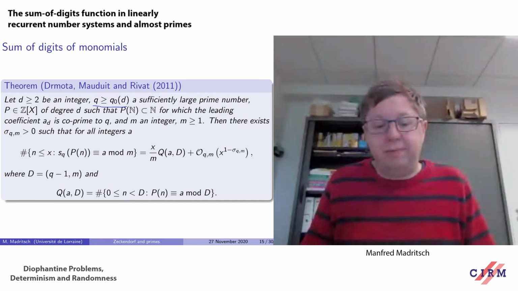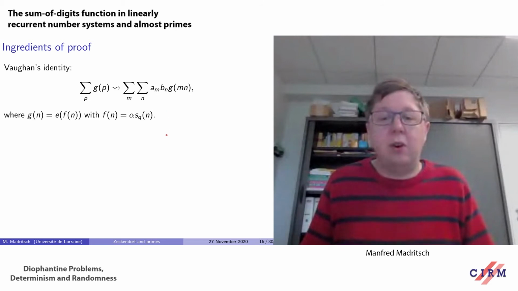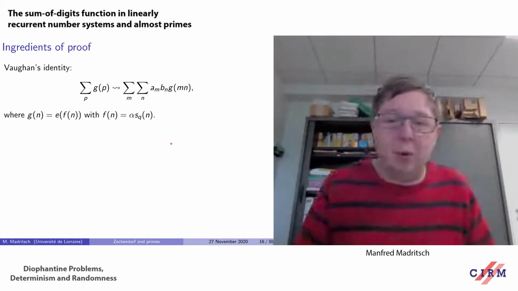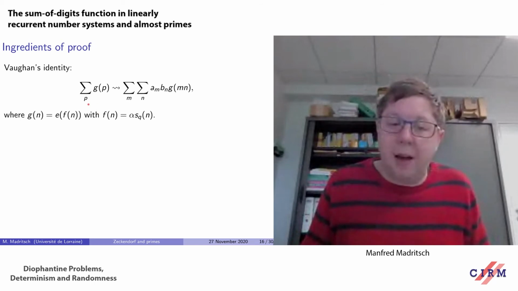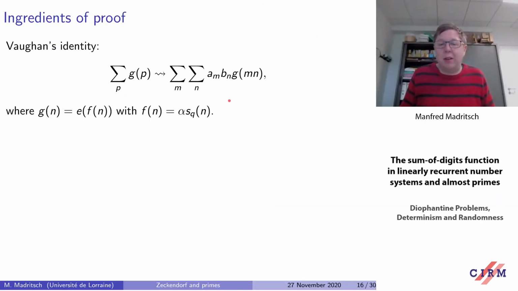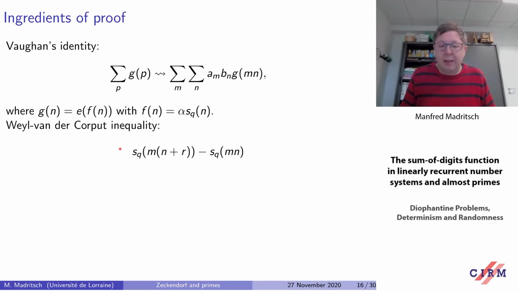And now I want to show a little bit of the ingredients of the proof. If you take the prime numbers, then one classical method is to use Vaughan's identity. So you start with a sum over the prime numbers, and you get this double sum over products of m and n. And then in the next step, they use the van der Corput inequality, and with this inequality, you shift the sum of digits function in one of the parameters.